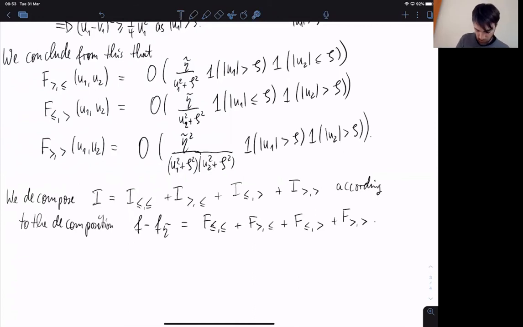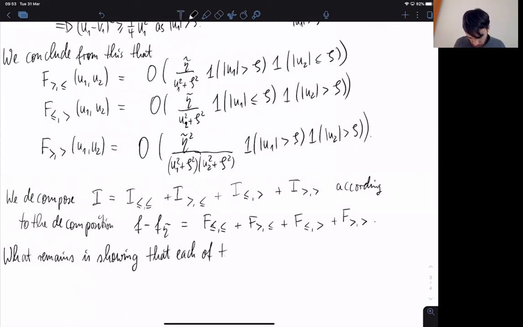I guess it's clear how these things are defined. Now we have to use this again. What remains is showing that each of these I's is of the order n to the minus c, right? And so let's recall the definition.